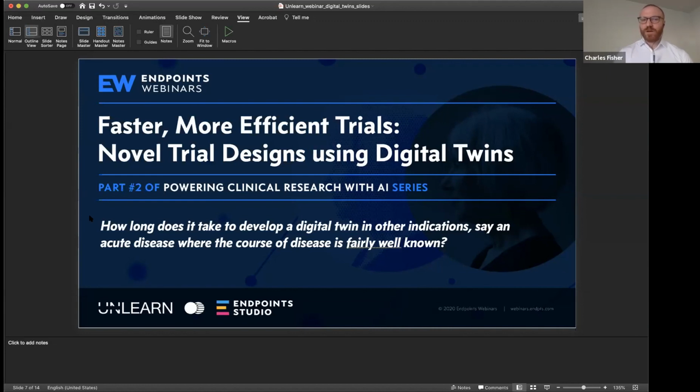What does take a long time is if you're integrating data from a lot of sources and there's a lot of variability in how different studies were run, what endpoints were used, how things were coded, then we have to fix all that. We have to go in and map everything to a common data model. And that is hard. So it depends really on the state of the data that are available.